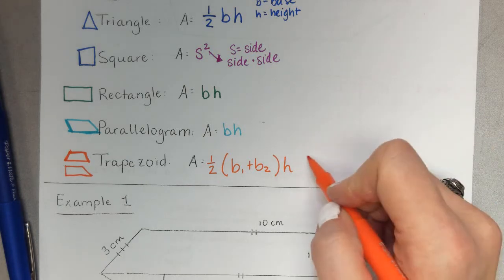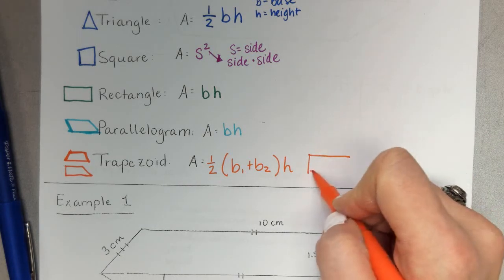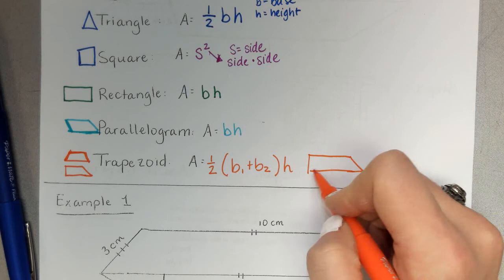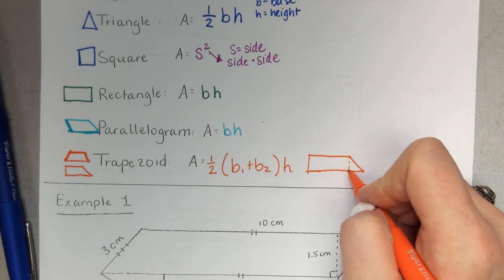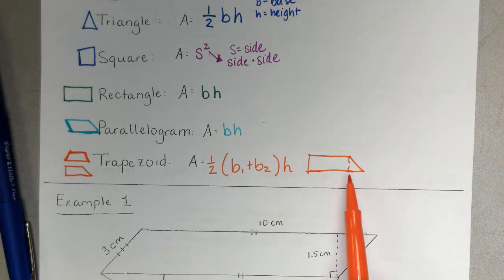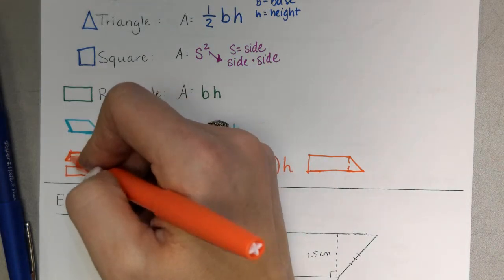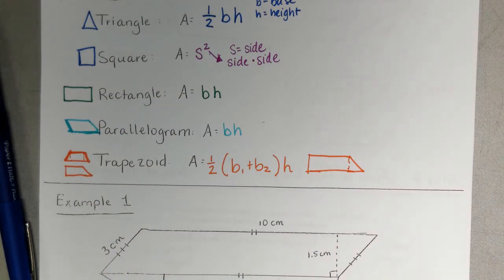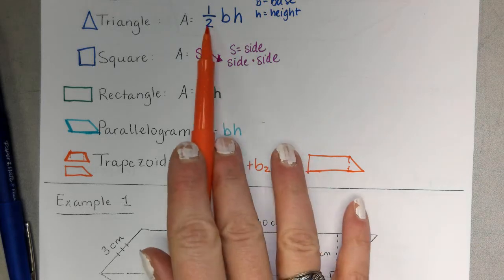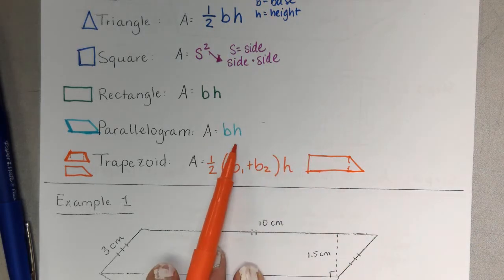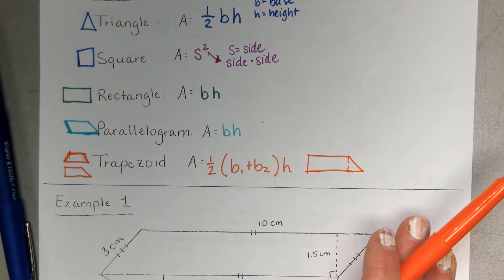Part of a trapezoid is a triangle. Do you see how there's a triangle at the end here, and over here we have two little triangles on each side? Trapezoids are made of a rectangle and triangles, so you have to combine the triangle formula with the rectangle formula.